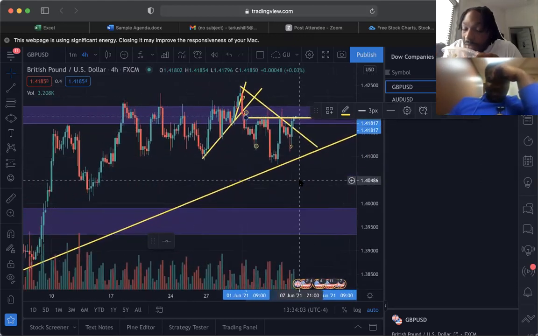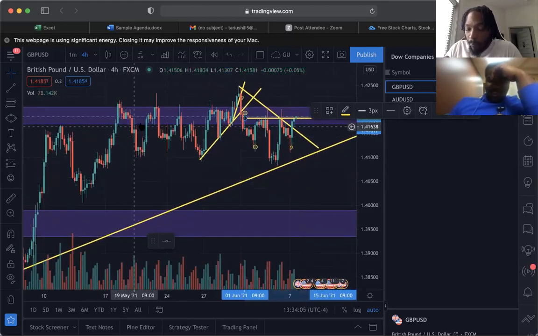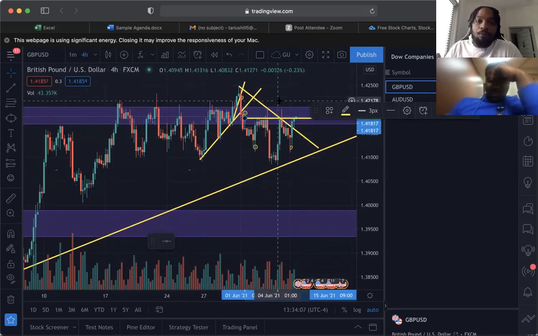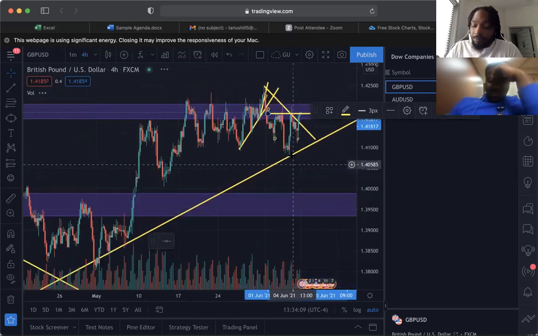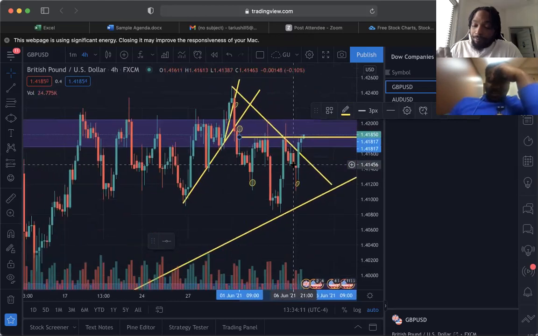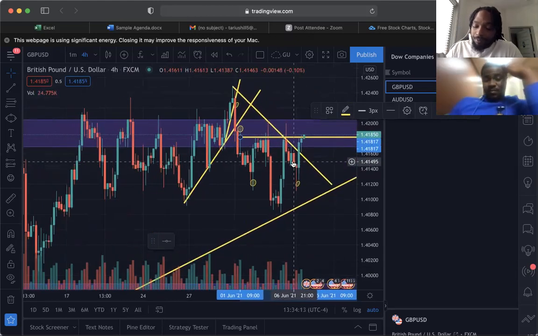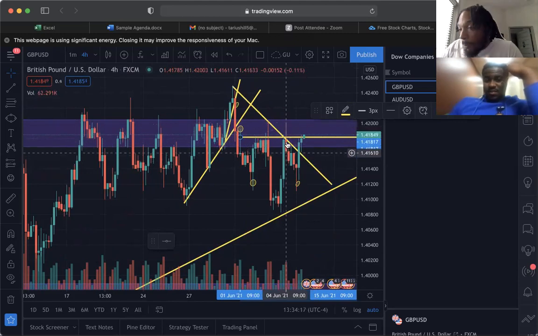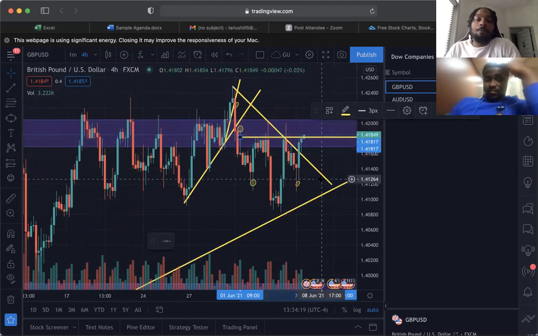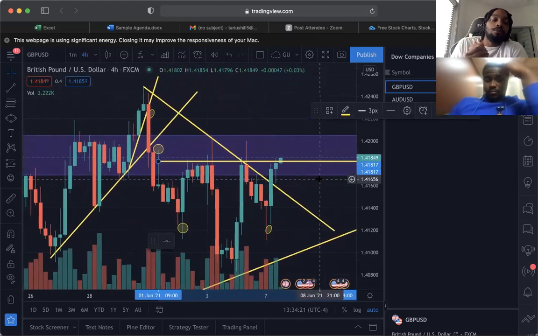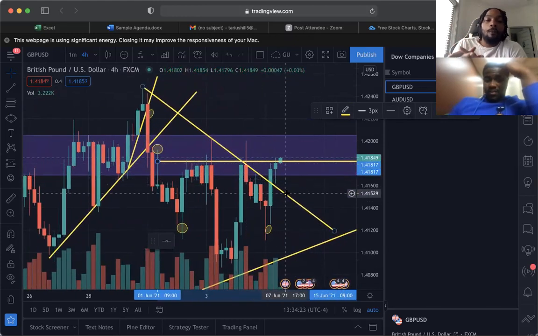That's what I think. But it's literally been ranging in this little zone right here. Yeah, that's a strong zone. So it's either gonna do the same little move that it's been doing, this little wick, and then retrace.